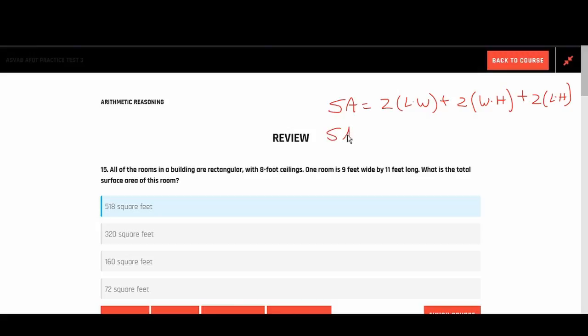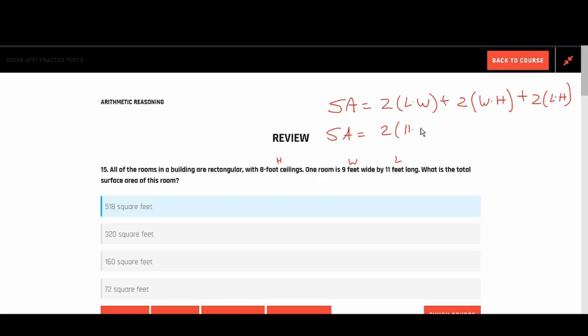So let's go ahead and plug things in. Let's identify our length, width, and height. Height is going to be 8. The ceilings are 8 feet off the ground. 9 is going to be our width, and our length is going to be 11.